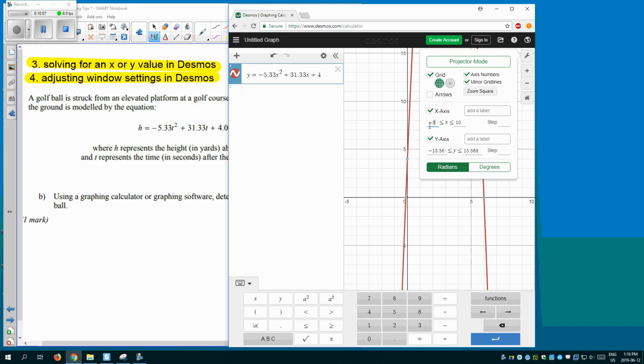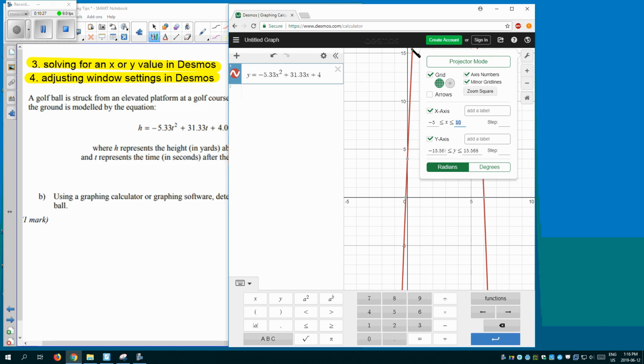So this goes from low to high. And if you make a mistake, that's fine. Okay, just adjust it again. Now we have a graph that goes from a low of -5 to a high of 10. That's perfect because we get to see everything plus a little extra room on each side. But we have some problems here with the y-axis.